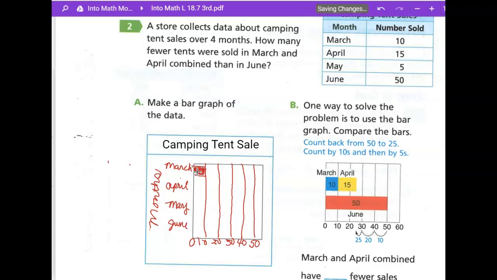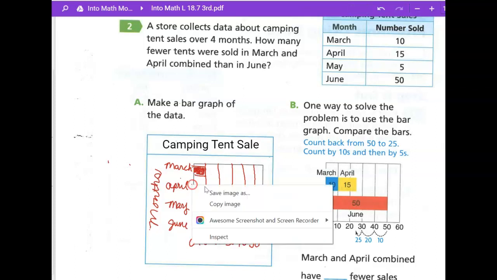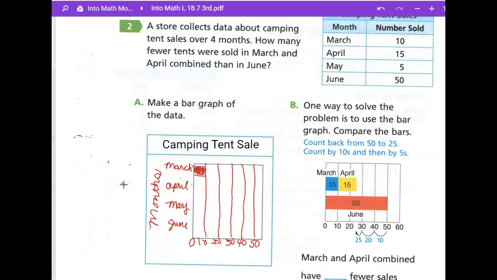What about April? In between 10 and 20, because we have to go to 10, but we're not at 20 because April is 15. So we're going to try and go about halfway between 10 and 20.